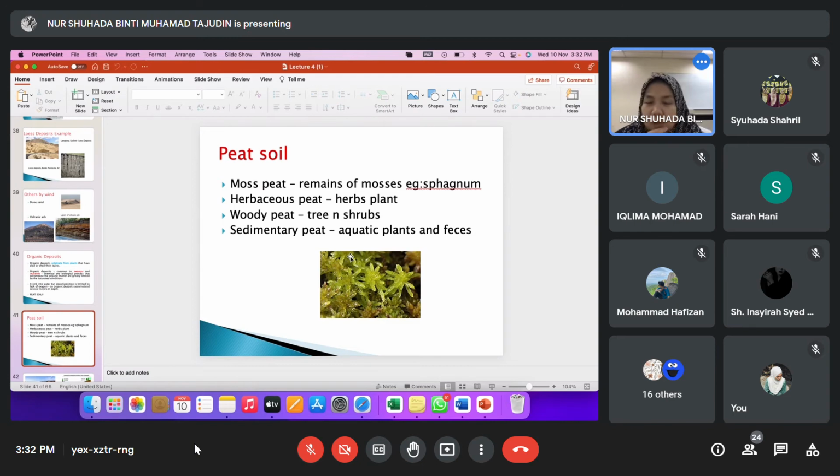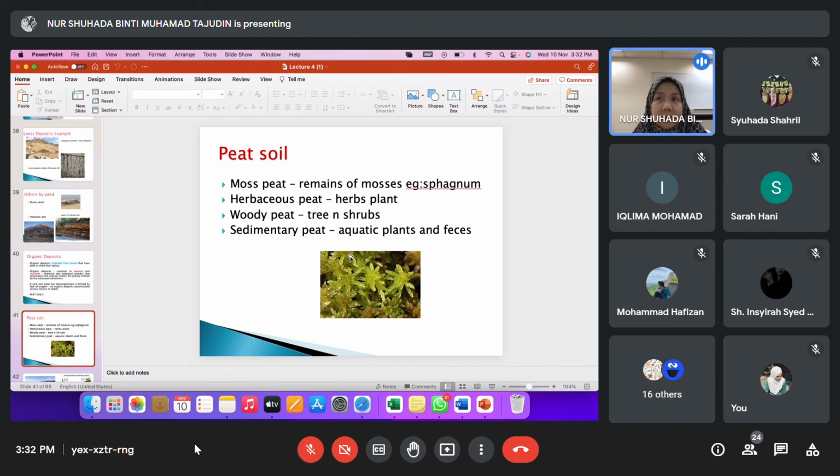Okay, contoh mesti kawasan tu berair kan. Okay, lumut-lumut ni dia kumpul-kumpul dia jadi tanah. Okay, there is peat moss. Kita ada woody peat. Okay, woody peat is peat soil yang terbentuk daripada tree and shrubs. Okay, for example, kawasan dulu last time it was mangrove.